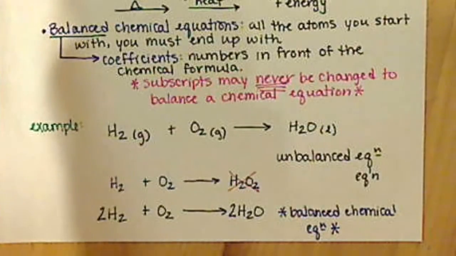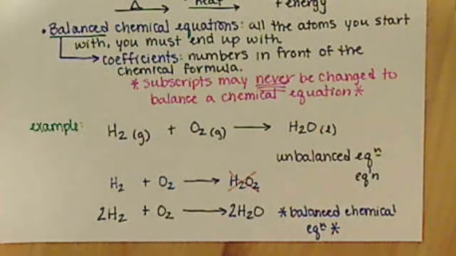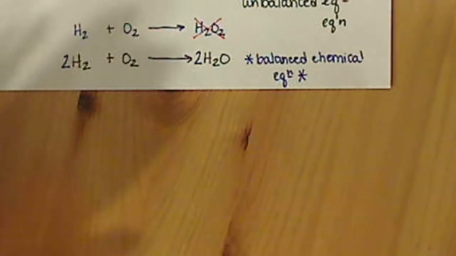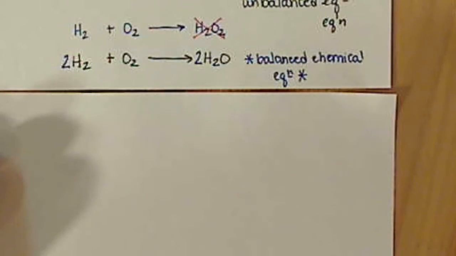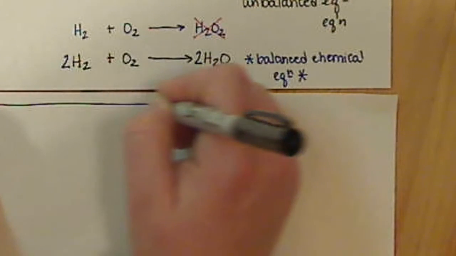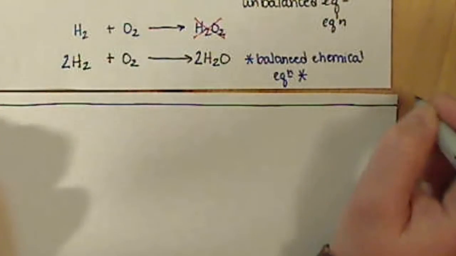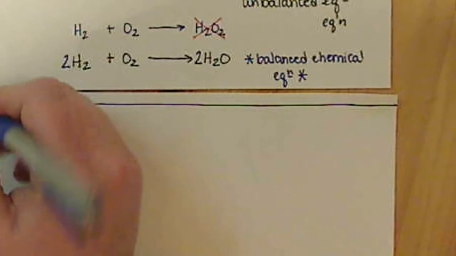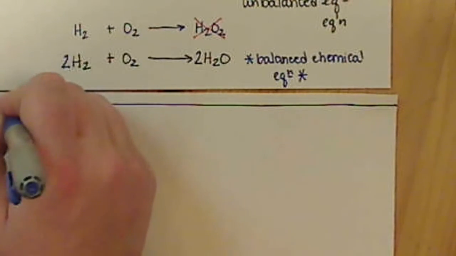So what I'd like to do now is give you some guidelines for how to balance more complicated reactions than this, because it can be kind of a back and forth type deal if you don't have a method to your madness. So let's look at how to balance chemical equations.